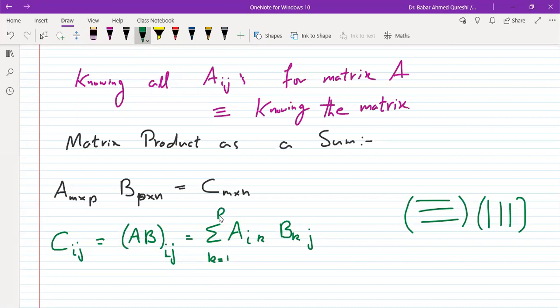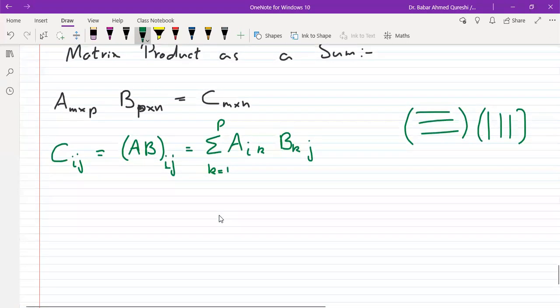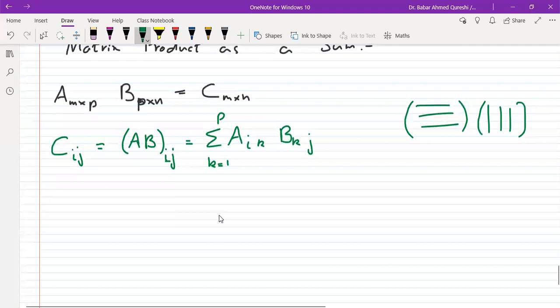I've just written out the dot product as a sum symbolically. Nothing new over here. But using this notation, we can prove many results.